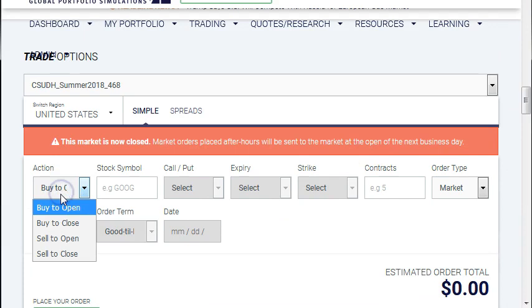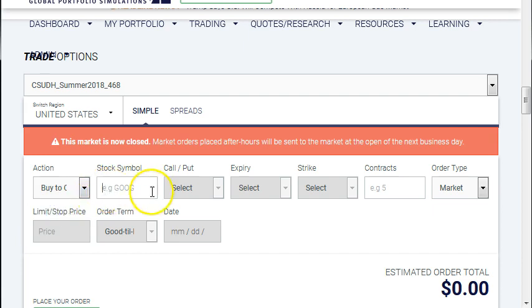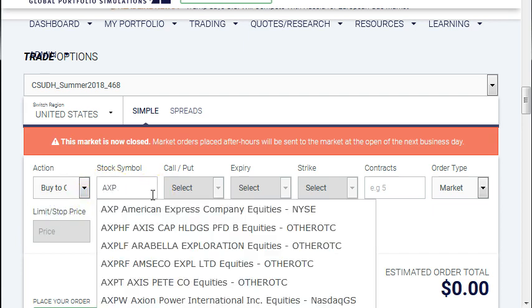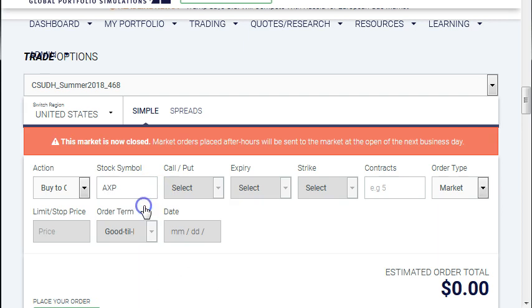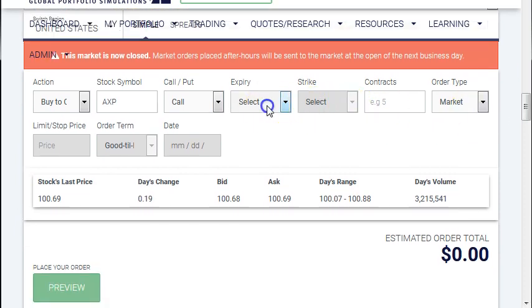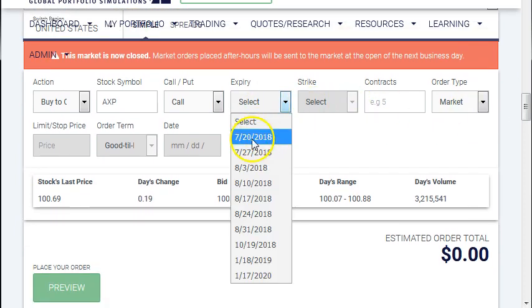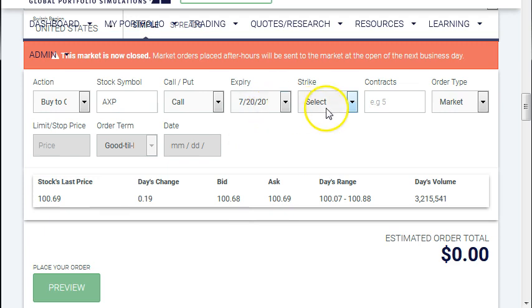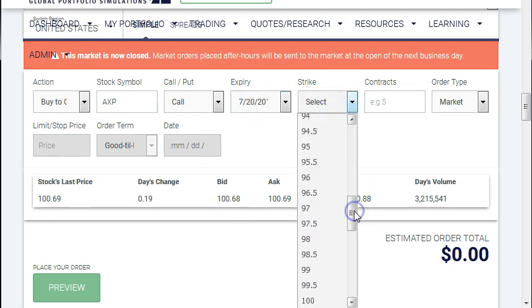Okay, action is buy to open. We don't have any position, so we are buying to open a position in AXP, American Express. We are interested in a call option, and the expiration date is the 20th. Strike price is 102, what we just looked at.